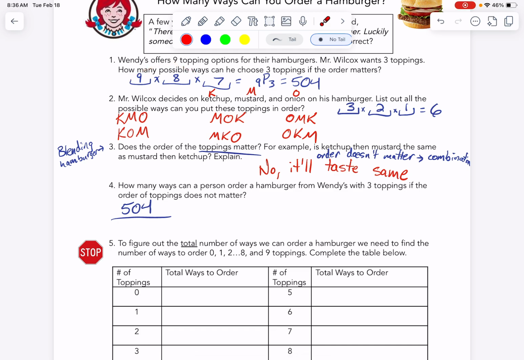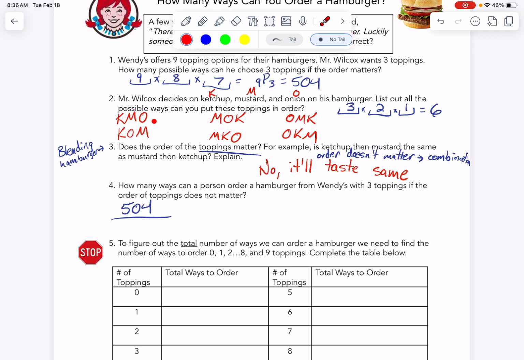So, for instance, I could have picked ketchup, mustard, onion, ketchup, onion, mustard, right? We determined that for any 3 toppings we choose, there are 6 different ways to order those toppings. So inside this 504, I have 6 that are essentially copies of each other.